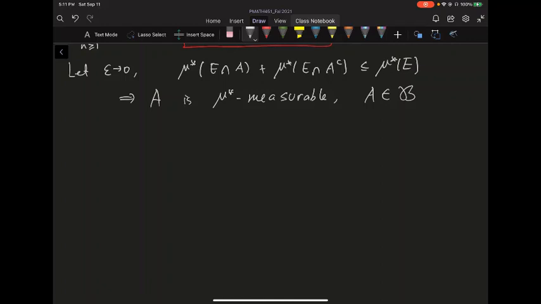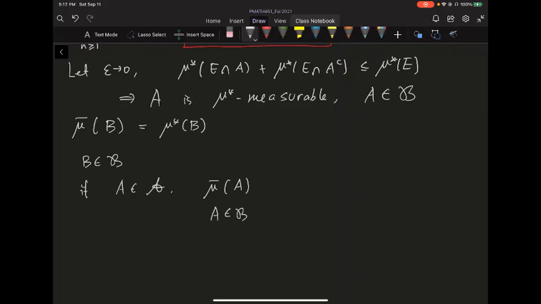Now to show that the Carathéodory mu bar is actually an extension of this mu, recall that mu bar of a mu star measurable set B is simply mu star of B. So if I take A inside the algebra A, then mu bar of A, because A is mu star measurable so A is in B, is equal to mu star of A. And we showed mu star of A is equal to mu of A, so they are the same.